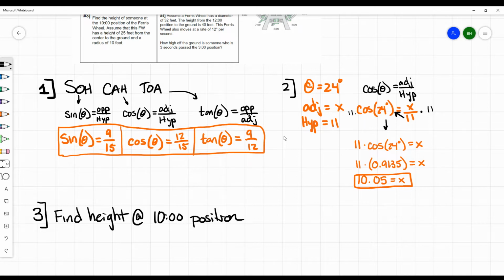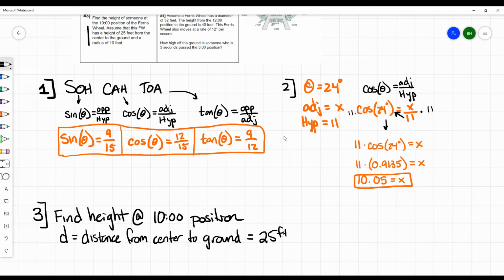of the Ferris wheel. Okay, we're going to assume that the Ferris wheel has a height of 25 feet from the center to the ground. In class, we called that value d, which is the distance from the center of the wheel to the ground, and we called this 25 feet in this problem.